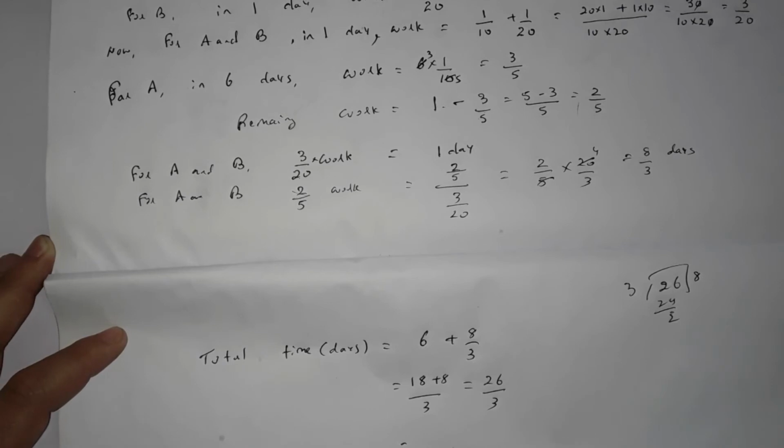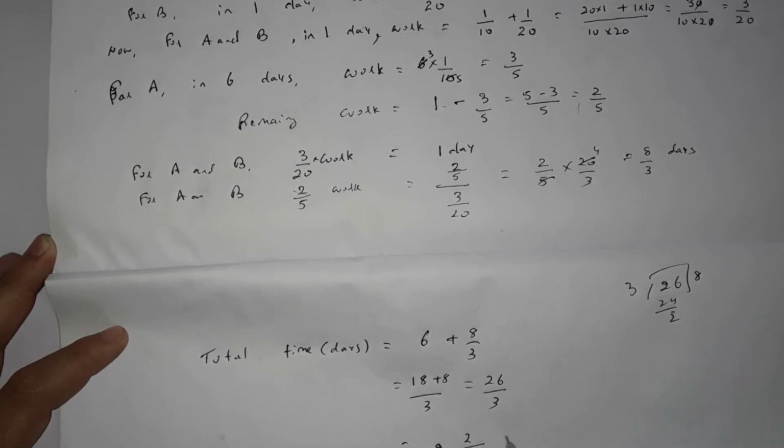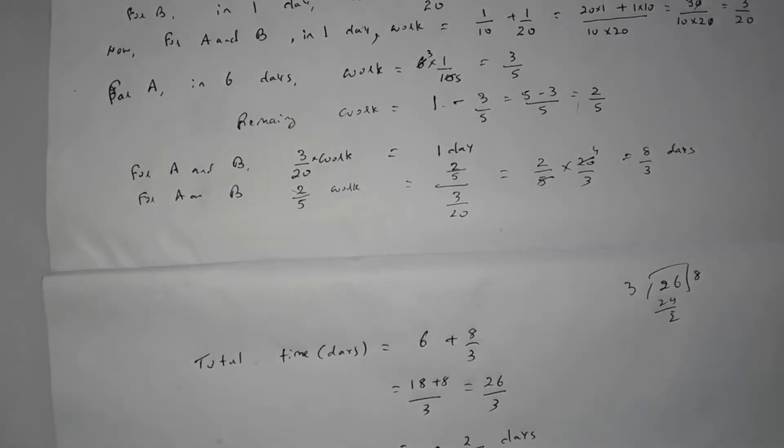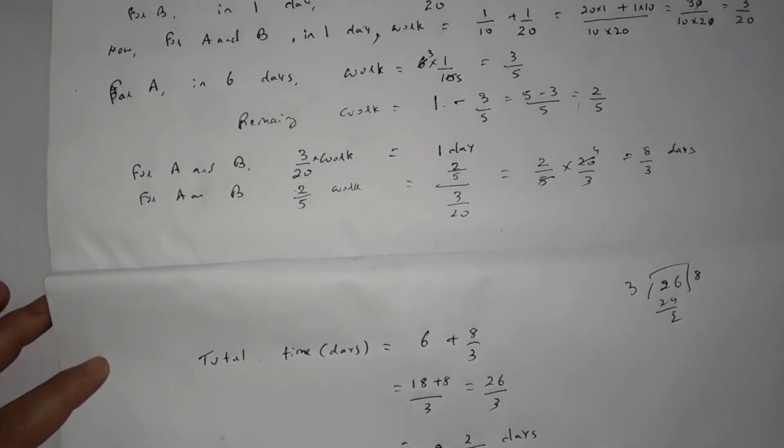So it becomes 8, 2 by 3 days, okay? Or you can say 8, 2 by 3. In 1 day how many hours? 24. 3 eights, okay?